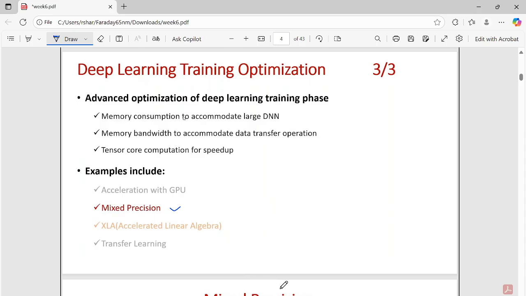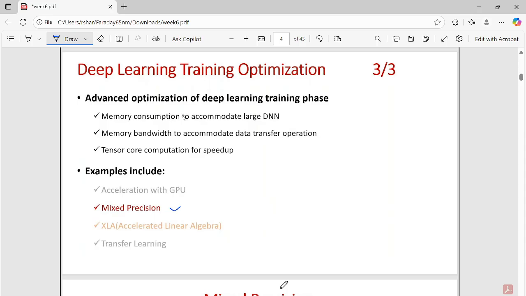So if we are looking at the memory consumption to accommodate larger DNN models, and also the memory bandwidth which will be required to transfer data for this larger model, larger models require larger data, so the transfer also needs to be done during the training phase.